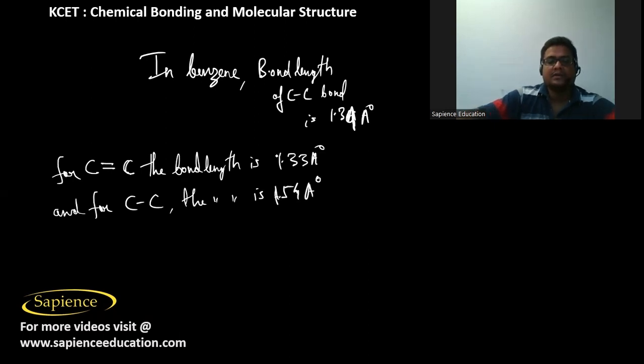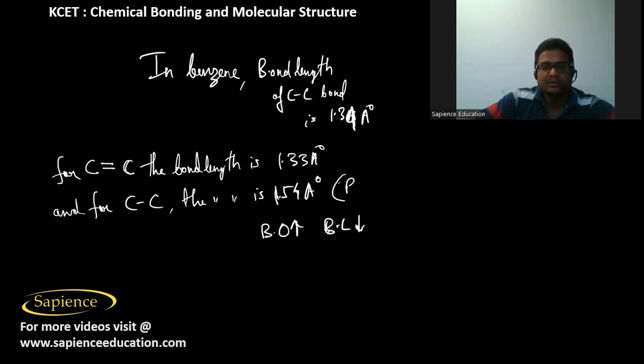So we know that when the bond order increases, the bond length decreases. For a carbon-carbon single bond, the bond order is 1, and for a carbon-carbon double bond, the bond order is 2. So here the bond length is intermediate between a single bond and a double bond.